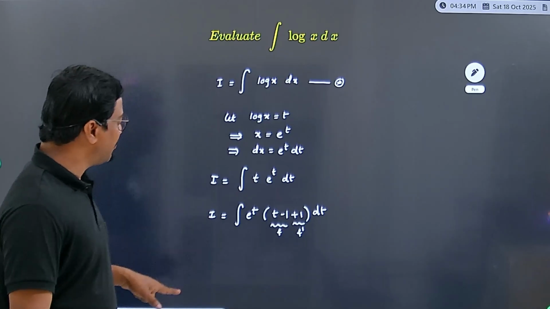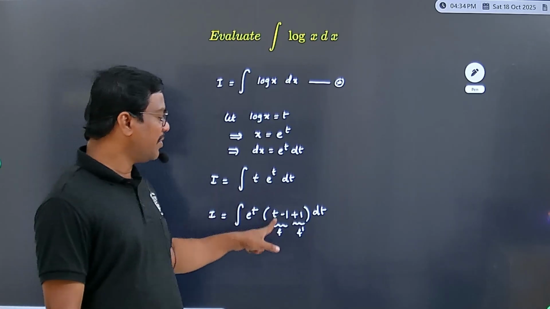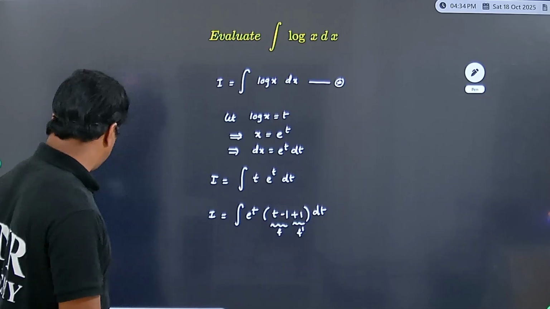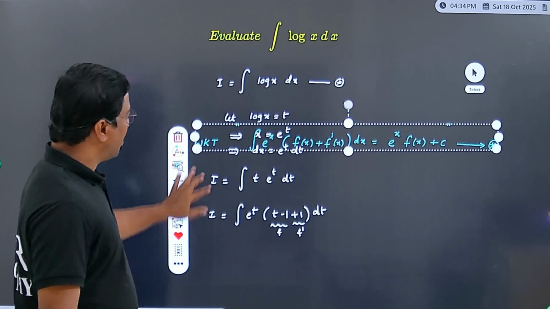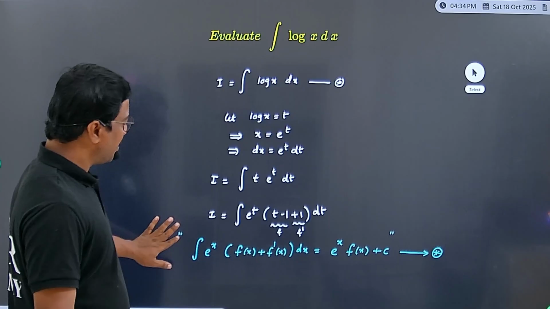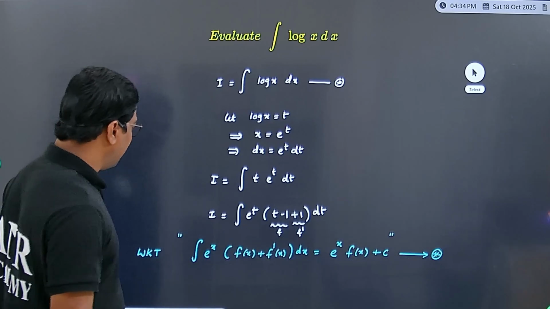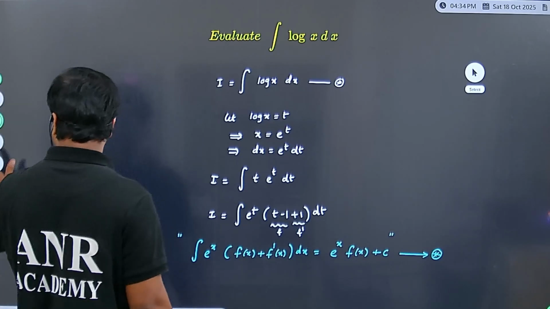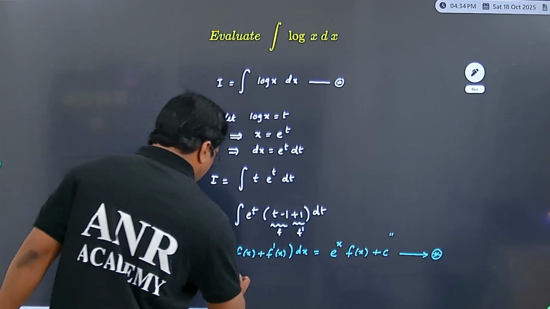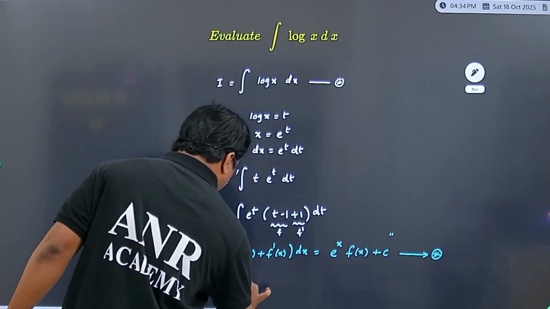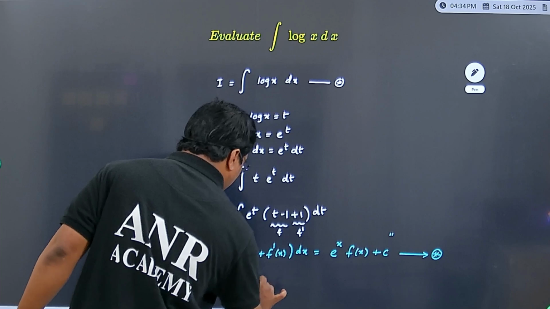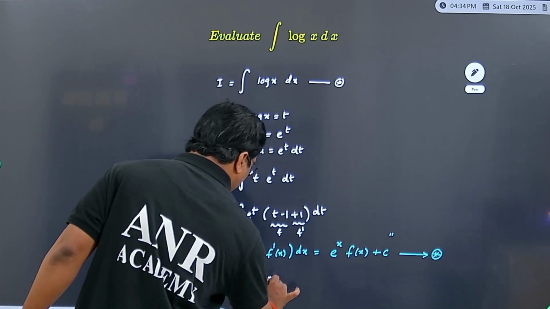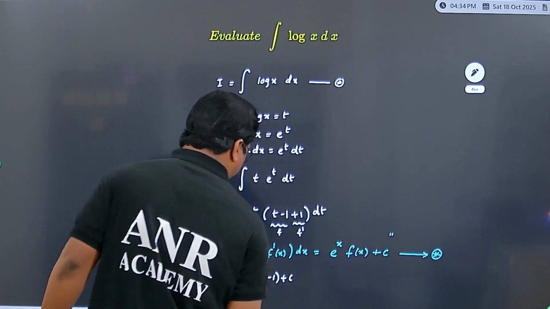So now it is of the form e power x into f of x plus f dash of x dx, right? Again, now you can apply this formula here, and the value of I can be written as I equal to e power t into t minus 1 plus c.